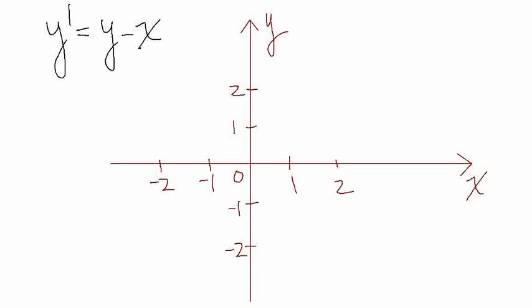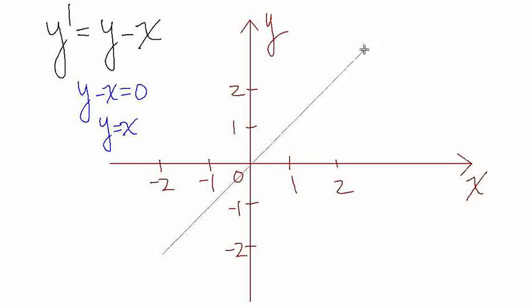So let's say that I wanted y minus x to equal 0. That would be the points with y equal to x. So therefore, all the points along that blue line will have a slope of 0. So I can put lots of little horizontal line segments to denote that.